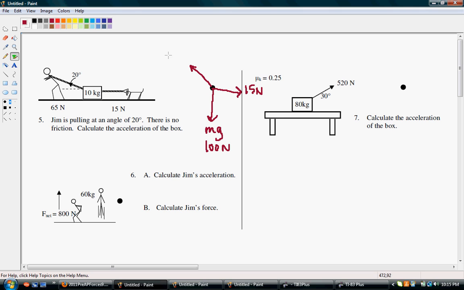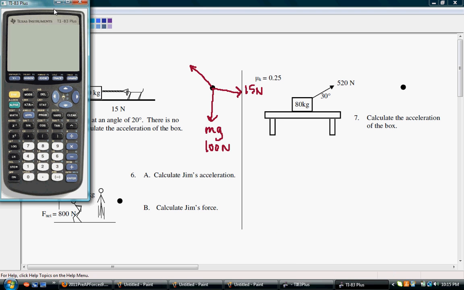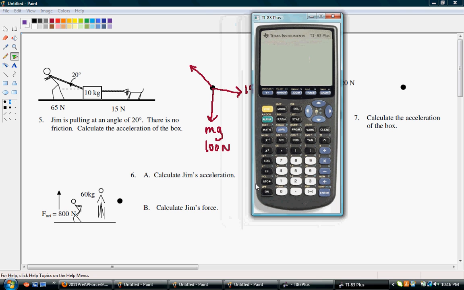But we need to resolve this into x and y components so that we know how much we factor into the x direction and how much into the y. Well, the way that we do that is we take our angle. First we need to make sure that we are in degree mode. Notice here I am not, I'm in radians, so I need to switch over.